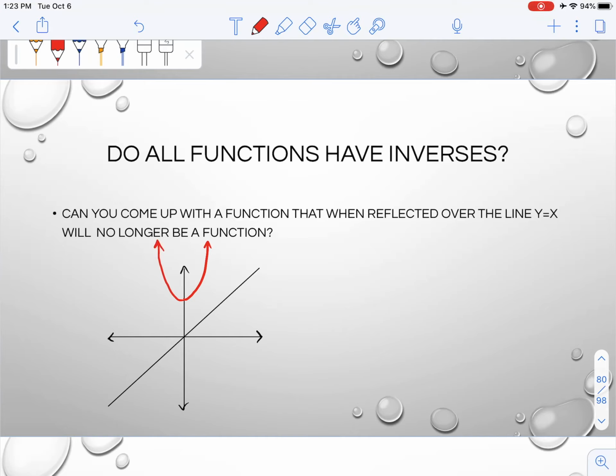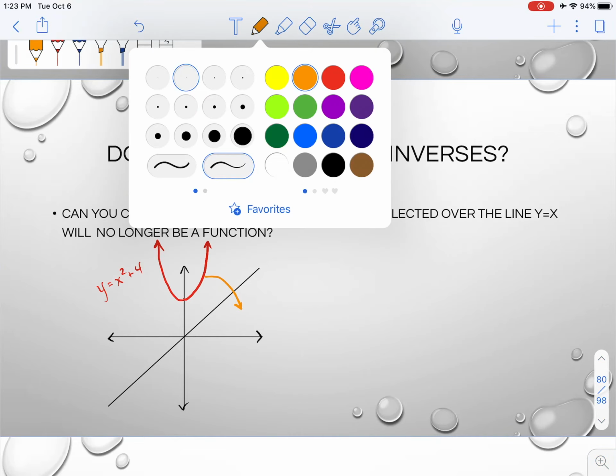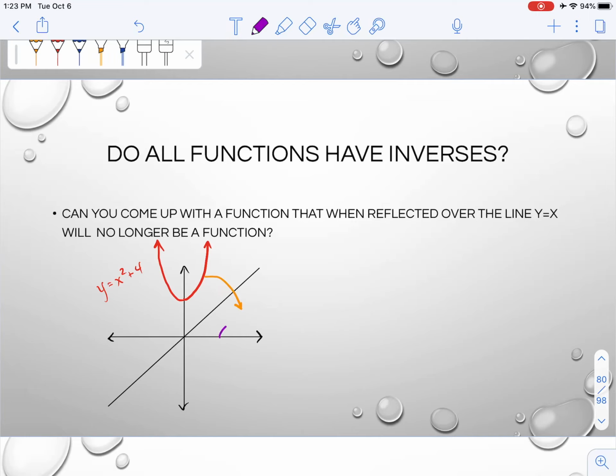Because if I take my parabola here, let's call it y equals x squared plus 4. Okay? If I go to reflect that over the line y equals x, what I'm going to get is something that looks like this.